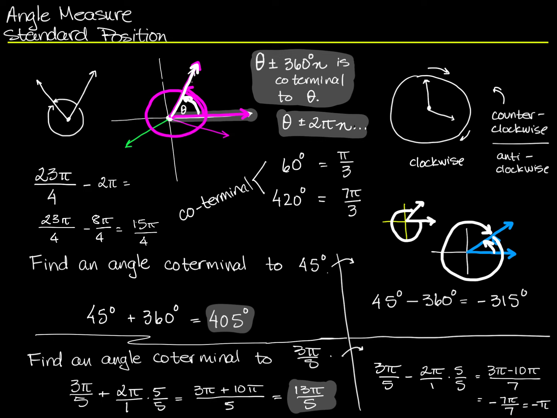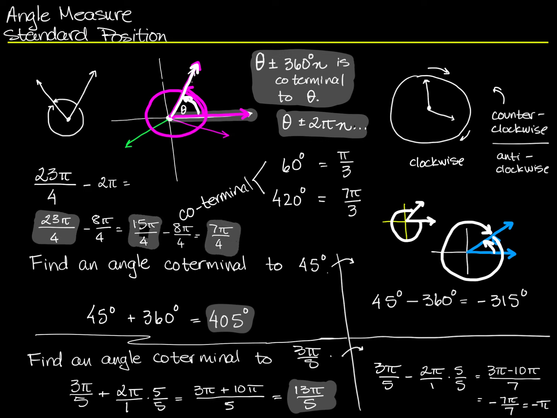That's still more than 8. So let's do it again. Let's subtract 2 pi in the form of 8 pi over 4. That gives me 7 pi over 4. 7 pi over 4 is less than 2 pi, so having subtracted 8 pi over 4, which is 2 pi, having subtracted that twice, I've got to an angle that's less than 2 pi, so it's somewhere in the first rotation. 23 pi over 4 is coterminal to 7 pi over 4.